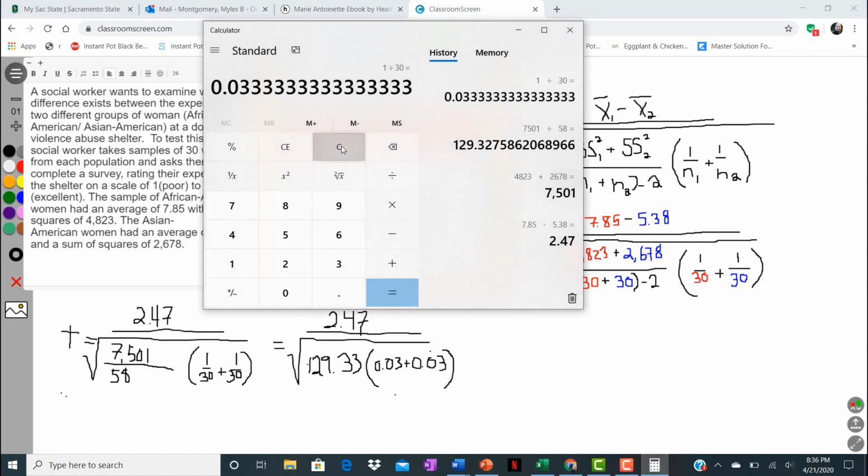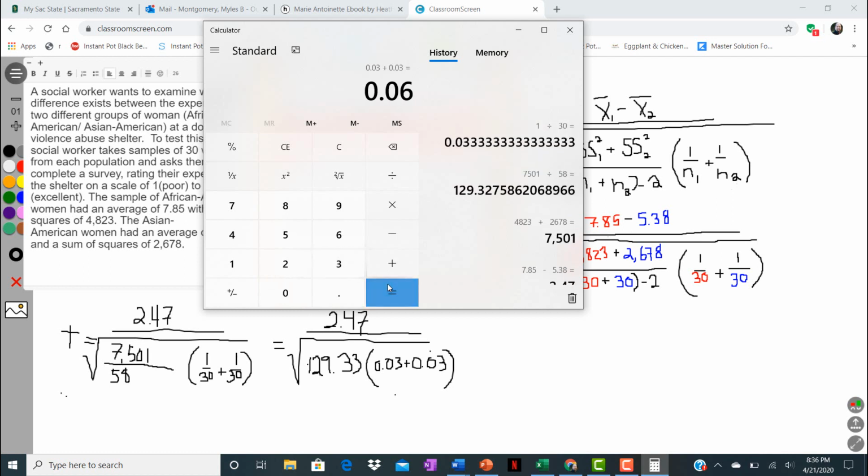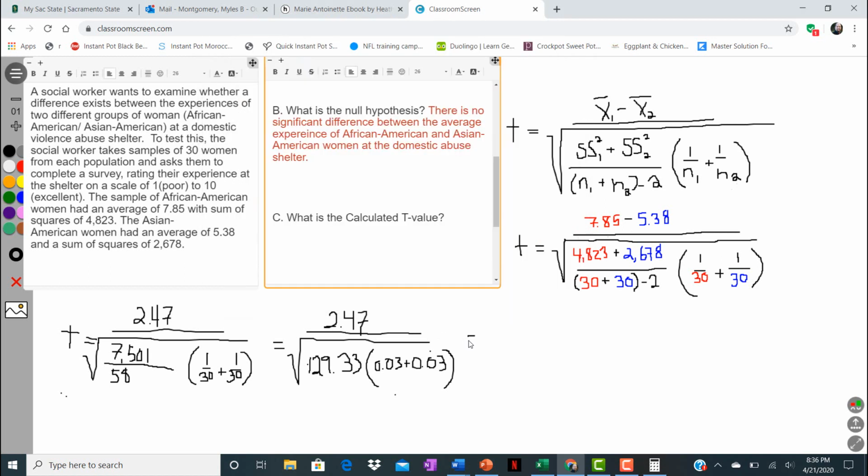So here we go again, 0.03 plus 0.03, which I know what that's going to give us. Okay, that was pretty obvious. All right, so we'll bring that over here, carry it over. 0.47. And then don't forget that square root, please. I'll get a cleaner root this time. That's better.